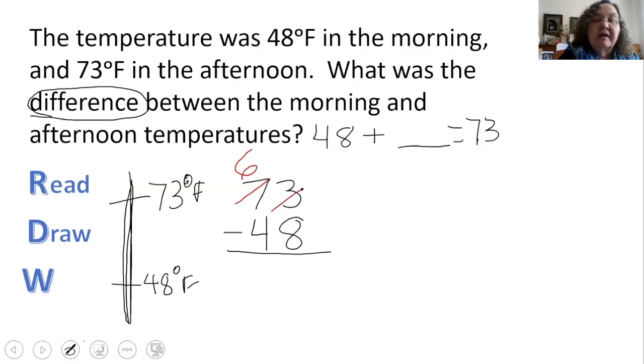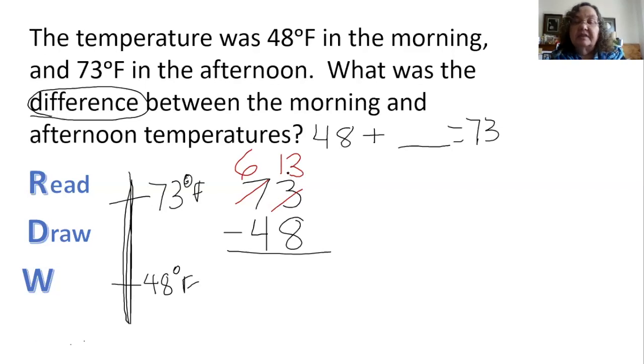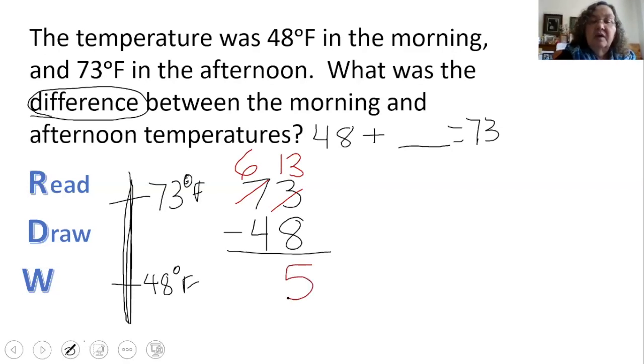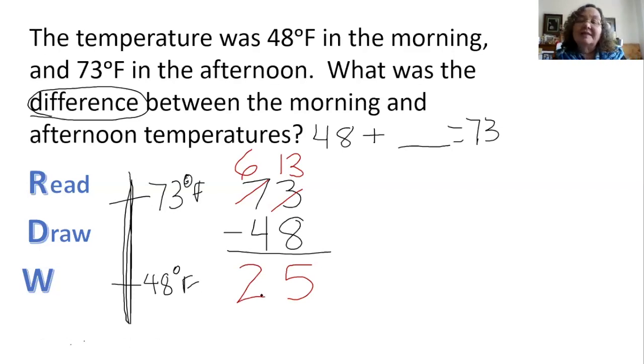So this will become 13. Now I can solve it. 13 minus 8 is 5. Good job. 6 minus 2 is 2. Fabulous. So that's my answer.